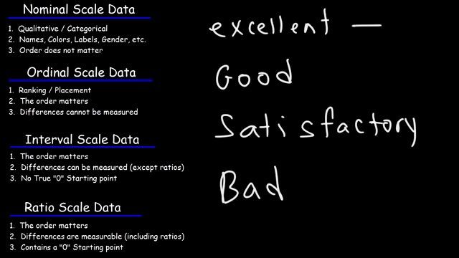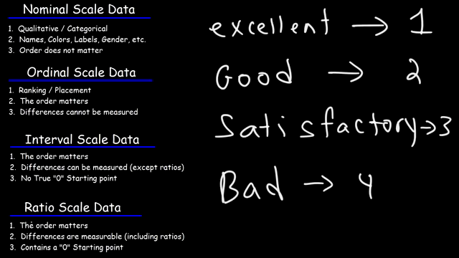We can give excellent a value of 1, good a value of 2, satisfactory a value of 3, and bad a value of 4. So here, the order makes sense. Excellent is the best, so number 1 has the highest value. Bad is the worst, so number 4 has the least value. But we can't really measure the difference between excellent and good versus good and satisfactory. We just know good is better than satisfactory and excellent is better than good. But to measure the difference, that's not really possible in this case. So this would fall under an ordinal scale data.